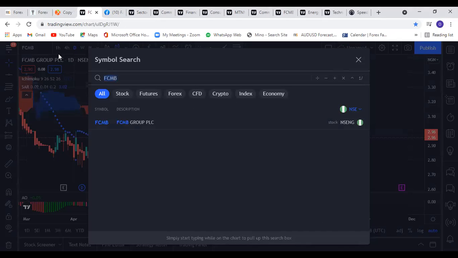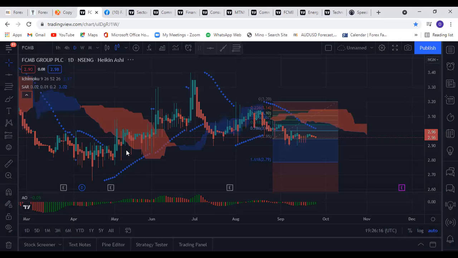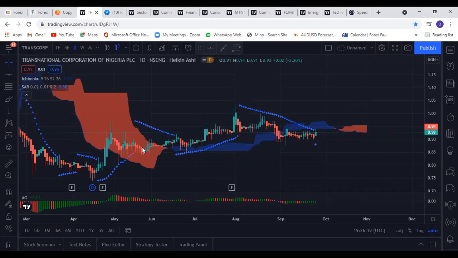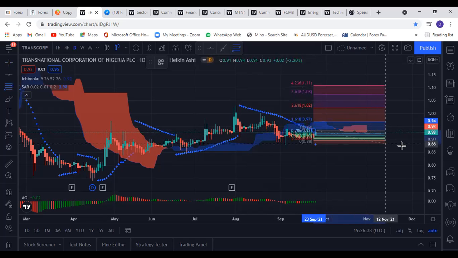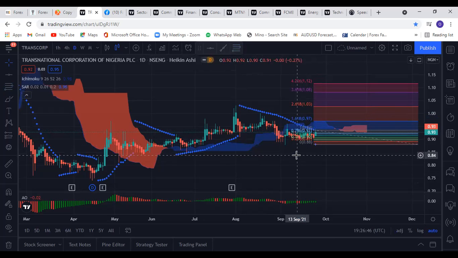So let's move to another sector. I have Transcorp. Let's check Transcorp. Okay, below the cloud, but it's struggling. See, below the cloud, but Friday is a good one for people that may want to enter this Friday. Let me draw my Fibonacci, see what the levels are. Okay, there's a support here.